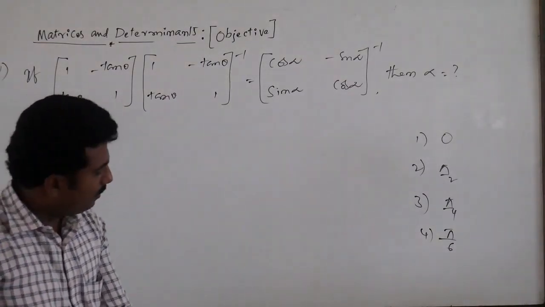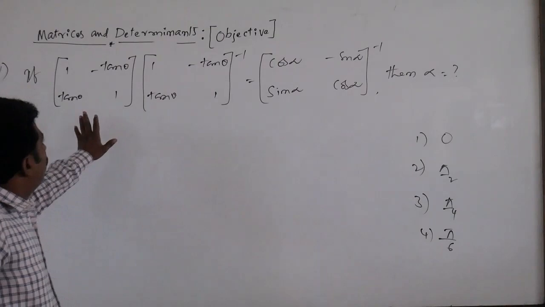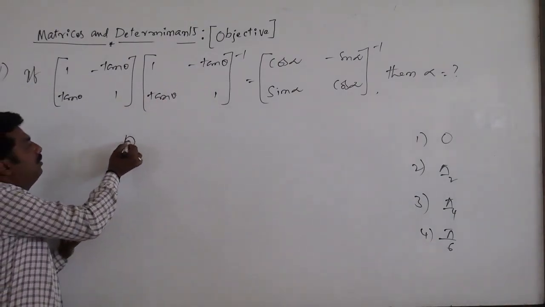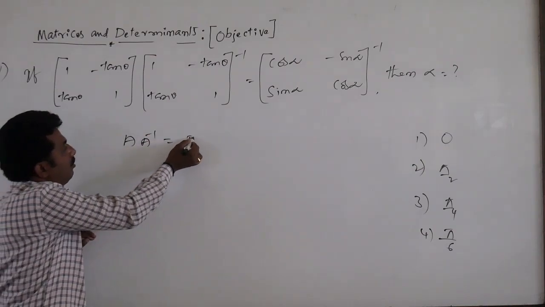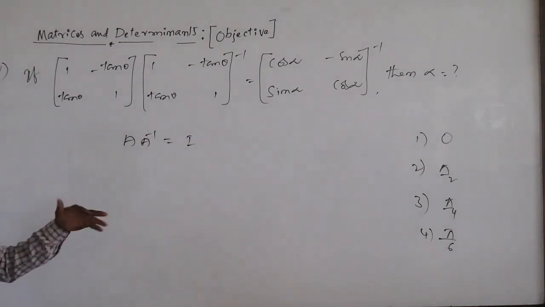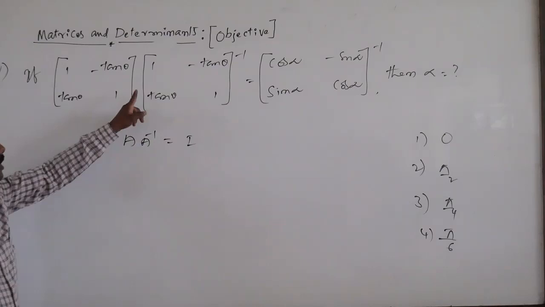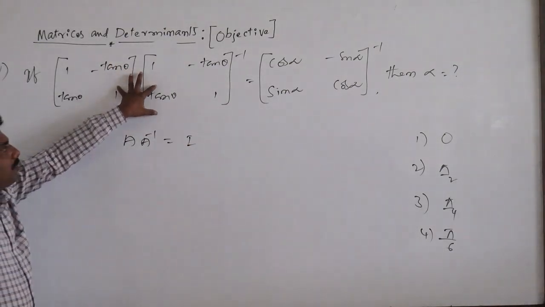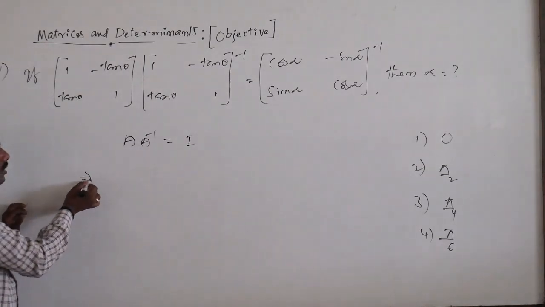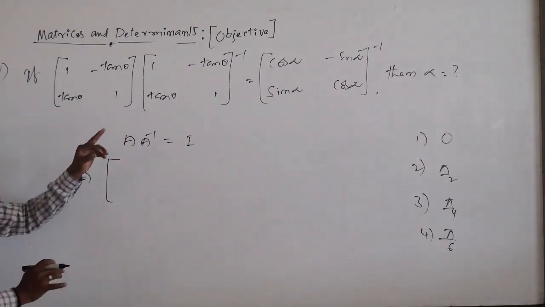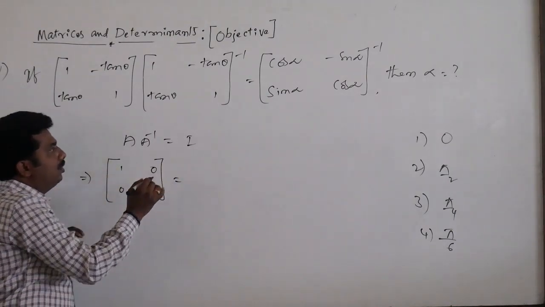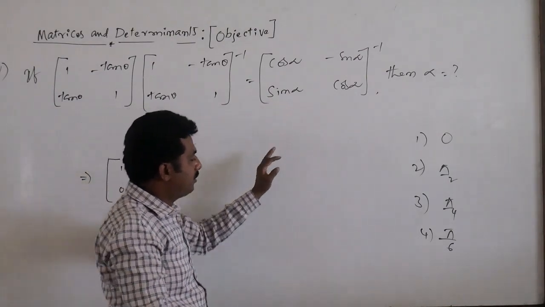If you observe, one matrix and the same matrix inverse, one concept: A inverse equals identity matrix, whatever the matrix may be. So very clear, this product of two matrices is nothing but identity, which means 1 0 0 1. What does A inverse mean?